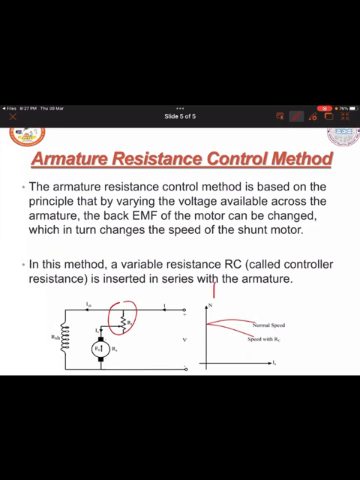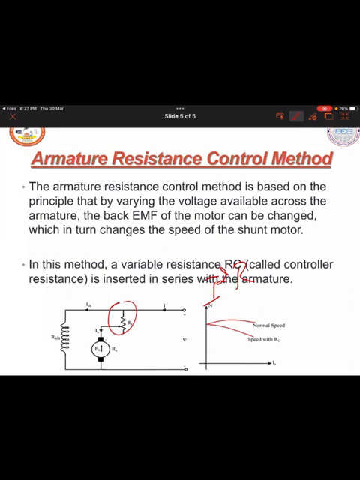Next, as armature current is more than the field current, the rheostat requires a large capacity. If you compare with the field current, the current flowing through the armature is very high. That's why the rheostat we connect in series with the armature should have a higher capacity.